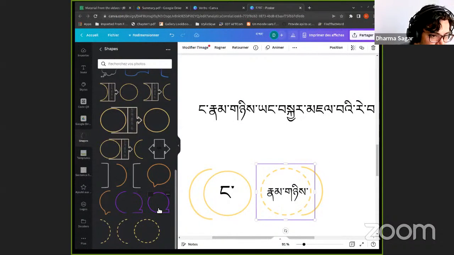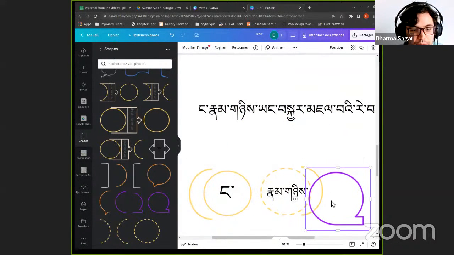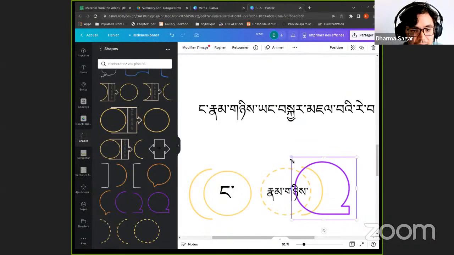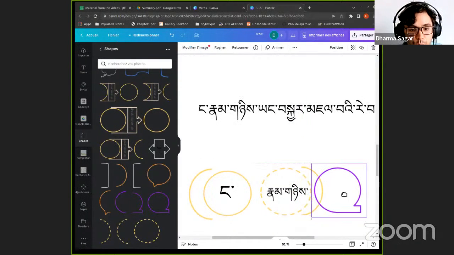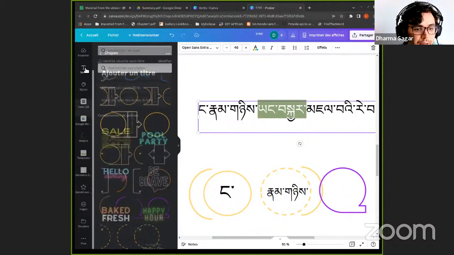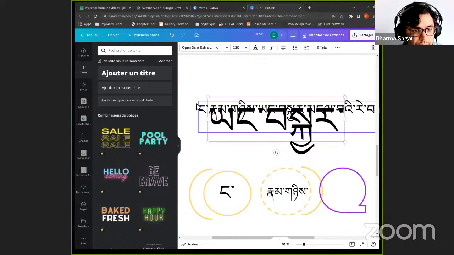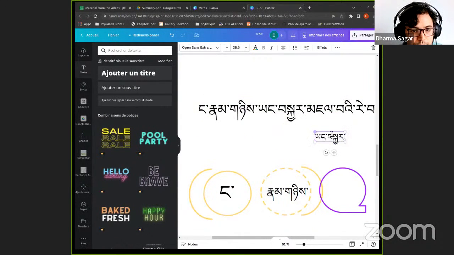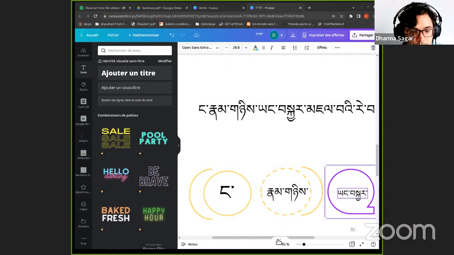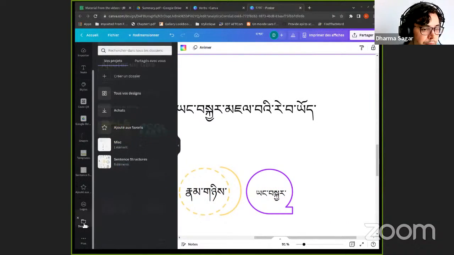Then we have an adverb, yanker. This stays at the level of the sentence, right? Because it's saying how the action is, how we want the action to happen. And then we have a verb.